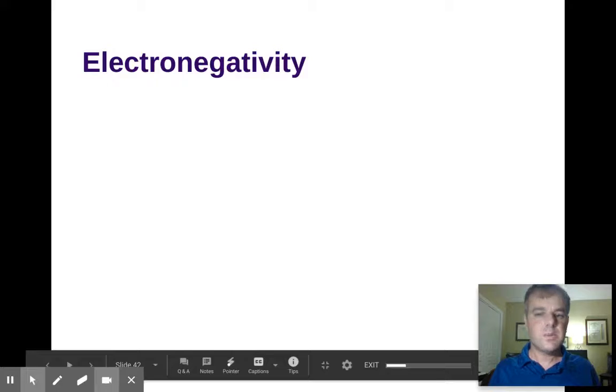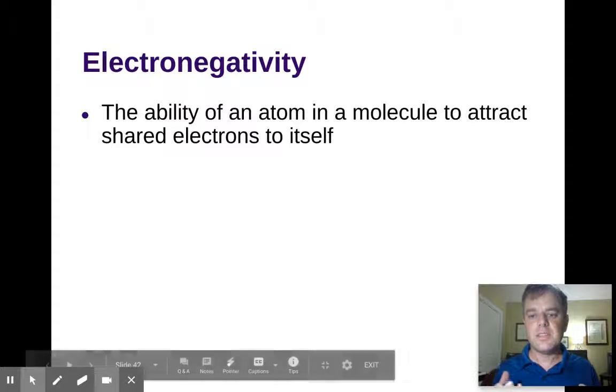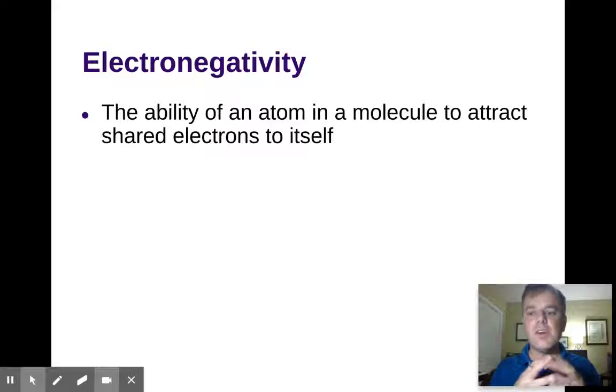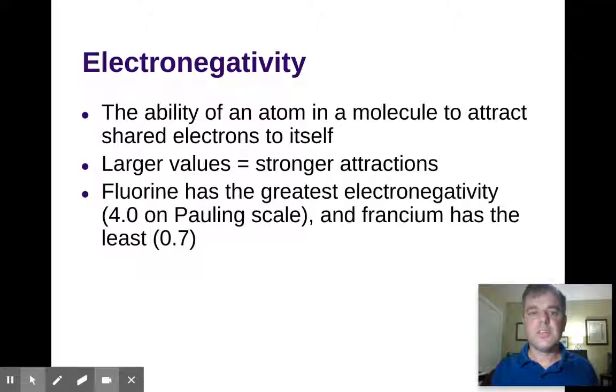The next trend that we have is electronegativity, which is the ability of an atom in a molecule to attract shared electrons to itself. In other words, when it's in a covalent bond, they're kind of playing tug of war. The electrons aren't shared equally. Electronegativity is how strongly you're pulling those electrons towards yourself. Larger values of electronegativity mean stronger attractions.